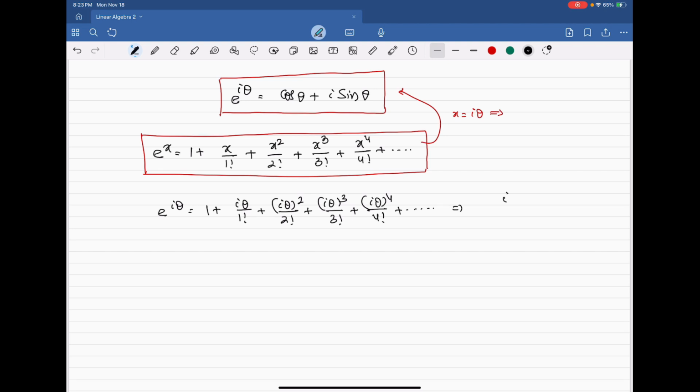We know i square is equal to minus 1. i is an imaginary number. Square of i is equal to minus 1.